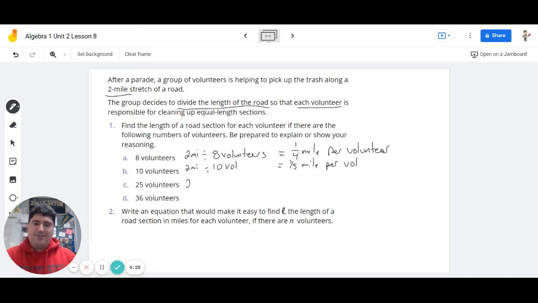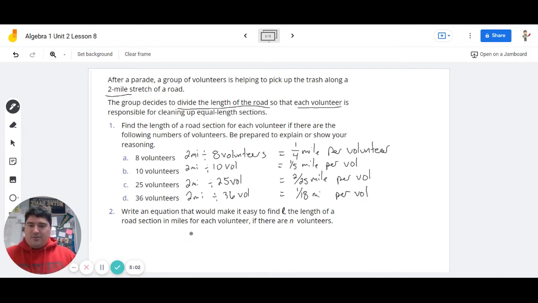Start noticing the pattern. 2 miles divided by 25 volunteers is 2/25 of a mile per volunteer. And the last one, 2 miles divided by 36 volunteers, gives us 2 out of 36, which is 1 out of 18 miles per volunteer.